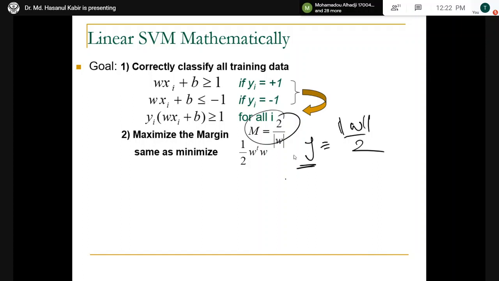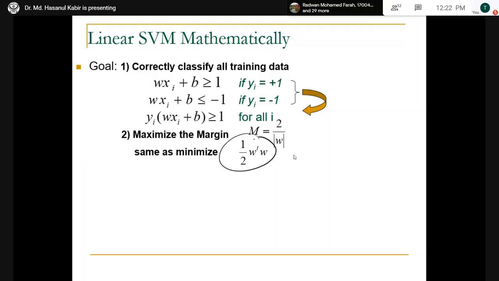The magnitude of w is found by the square root of w transpose w. If I just remove this square root, whatever is small will still be small after removing the square root. Since we have done a lot of minimization, that's what we do. Maximizing the margin is equivalent to minimizing w transpose w divided by 2. Same thing, right? Okay.